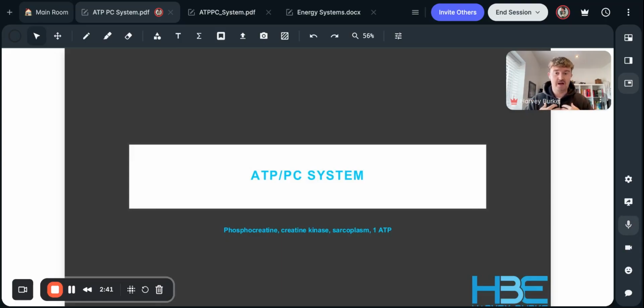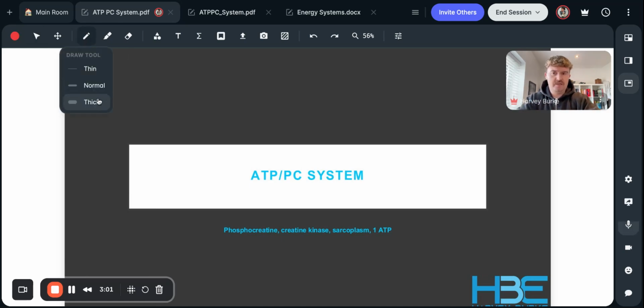For example, right now, because I'm at a low intensity for a long duration, my aerobic system will be the predominant energy system, providing energy for ATP resynthesis. But my ATP PC and glycolytic systems still will be working right now, but they will be hardly contributing to ATP production.